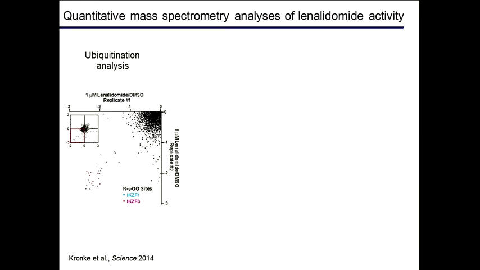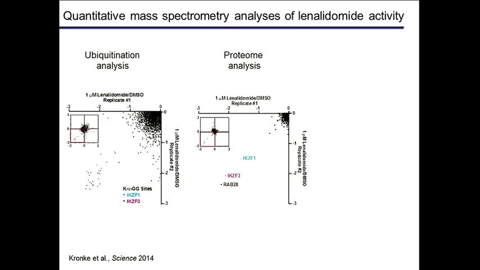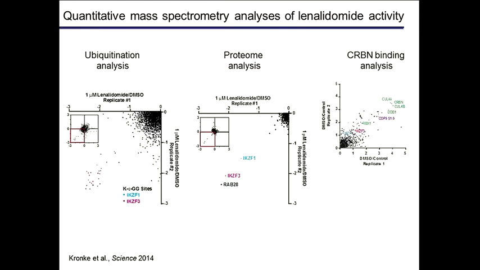Then we asked what proteins have altered abundance. This is an altered ubiquitination, which targets cells for destruction by the proteasome. What if we look at the levels of all proteins in a cell? And again, we found the same two proteins have powerfully altered abundance after treatment with the drug. Then finally, we looked at what is binding to cereblon, or CRBN, the protein that actually binds the compound lenalidomide.